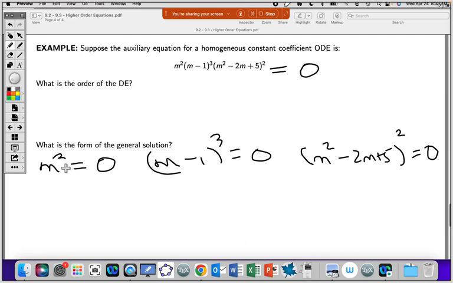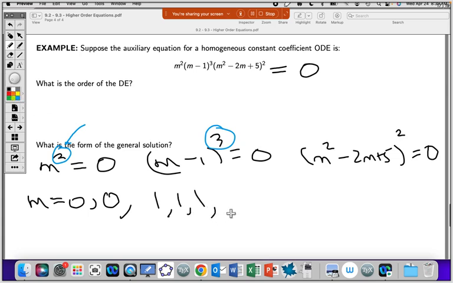From m squared equals 0, I'm going to get m equals 0, but I'm going to get it how many times? Multiplicity 2. So m equals 0 twice. I'm going to get m equals 1 from here, and how many times am I going to get that? Three times.